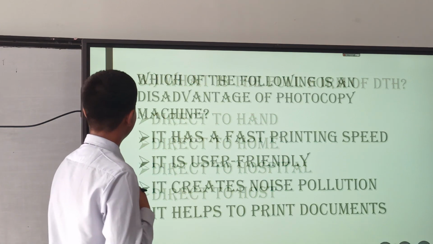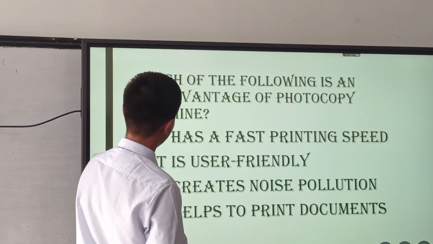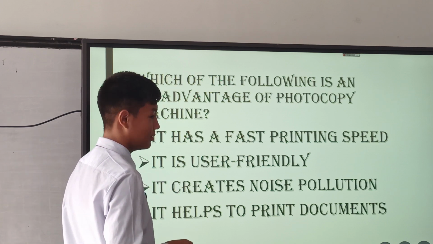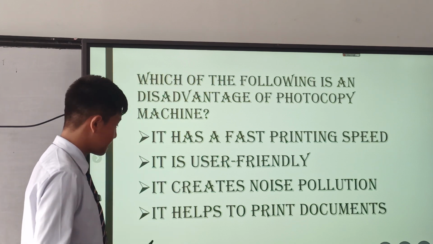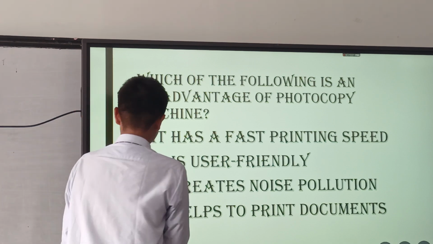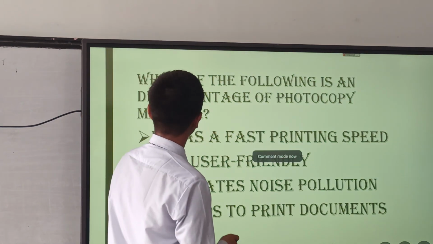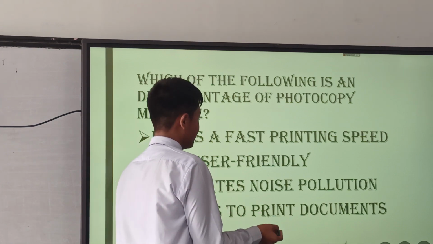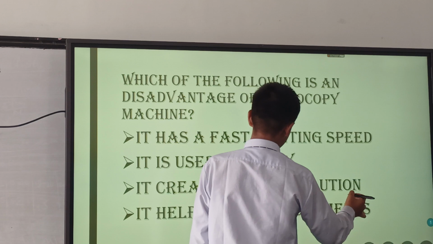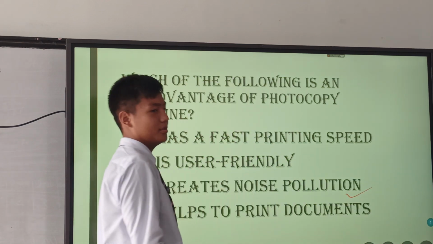The fourth question is, which of the following is a disadvantage of a photocopy machine? Yes, a photocopy machine is mostly known for its noise pollution and its work in offices.